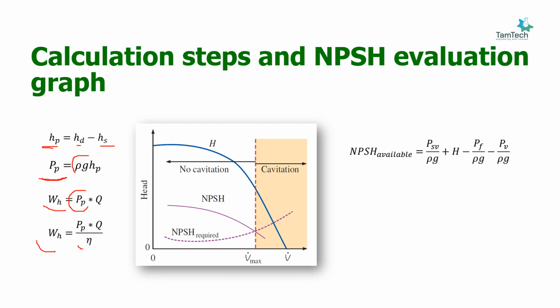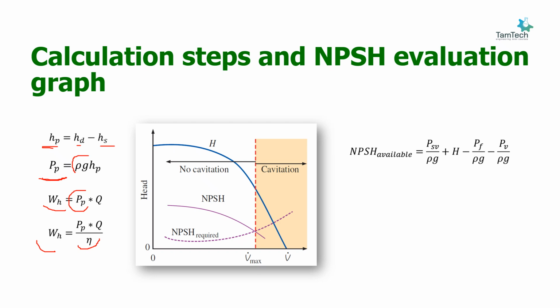But here we have an additional efficiency factor. Why do we put it here? Because this is for hydraulic power. But if you want to find shaft or motor power, you need to divide it by pump efficiency.